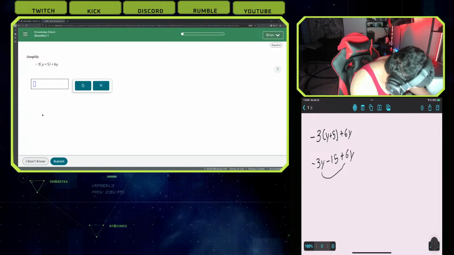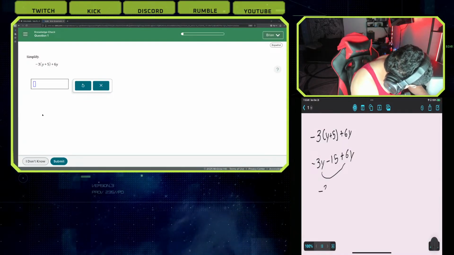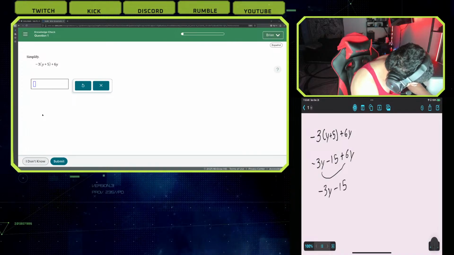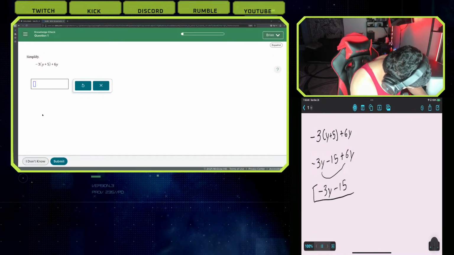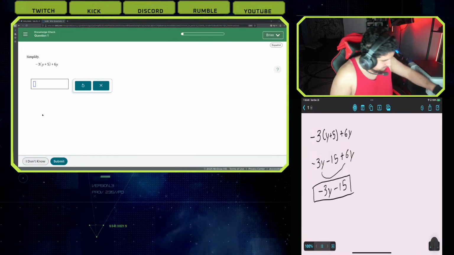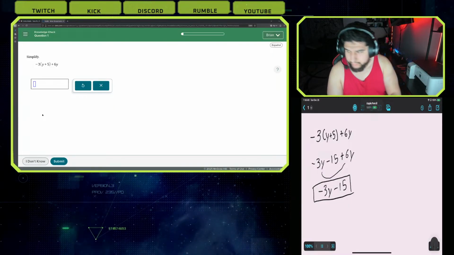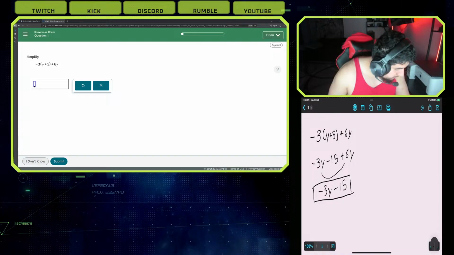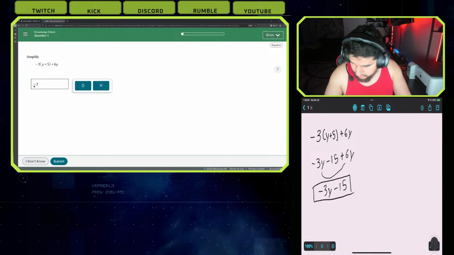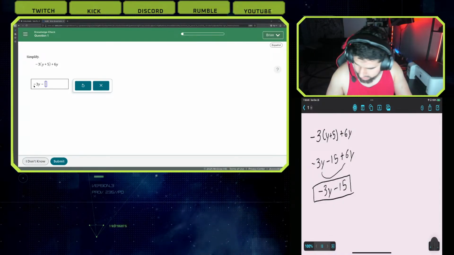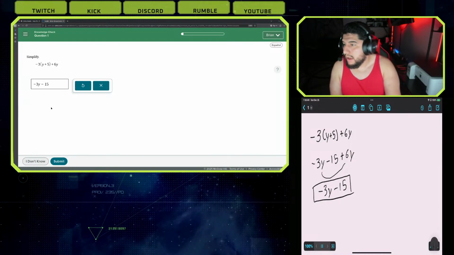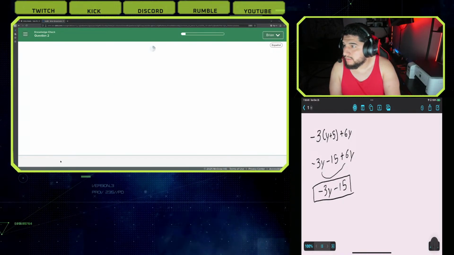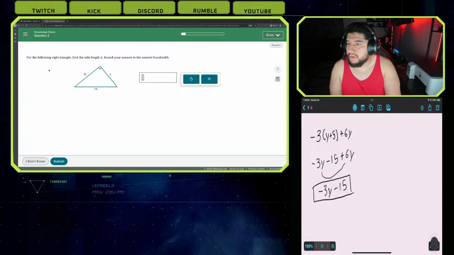That's going to be minus 3y left over. Minus 15. The answer is, that's the answer right there. And then I got to make sure I type it in correctly. 3y minus 15. And then submit. Gives me question number 2.